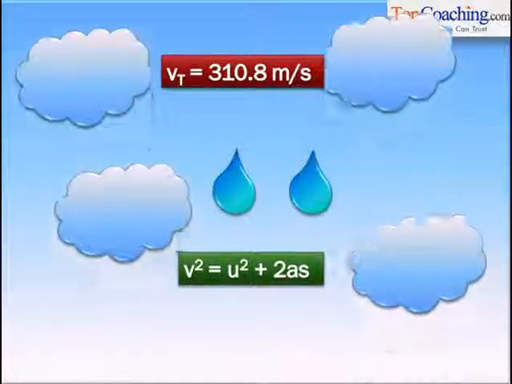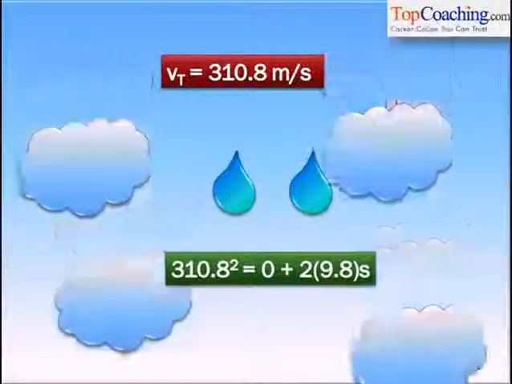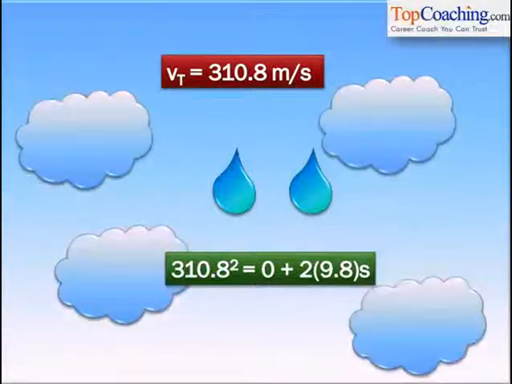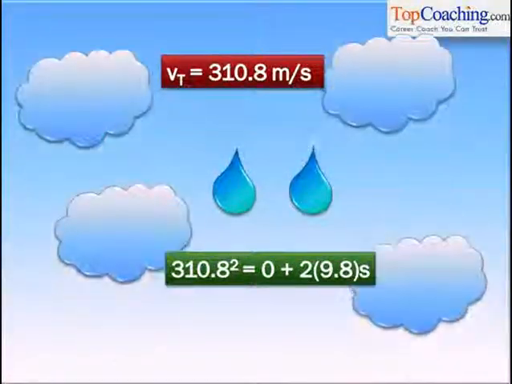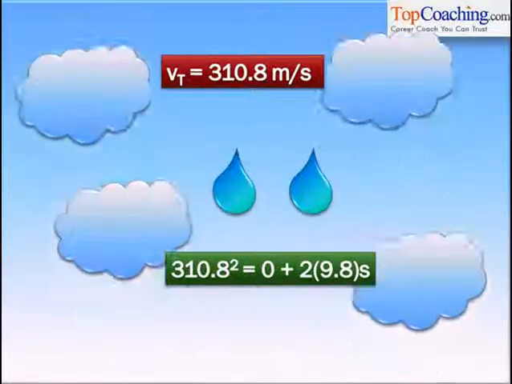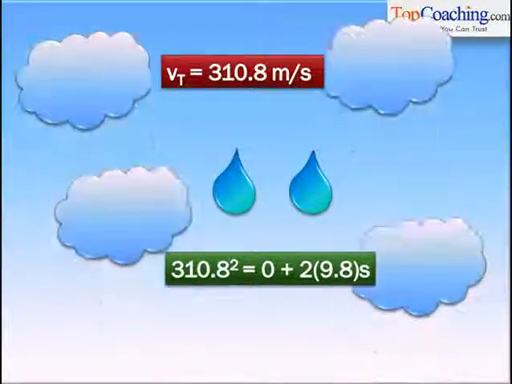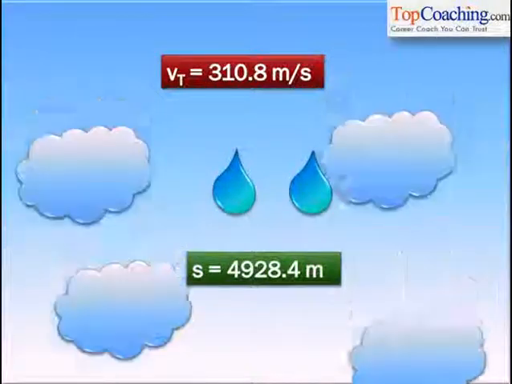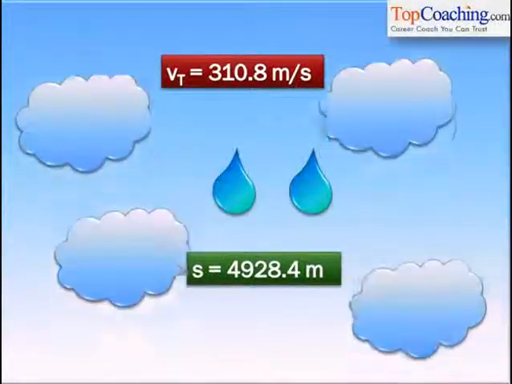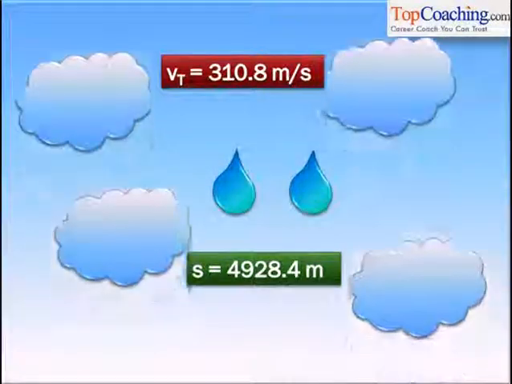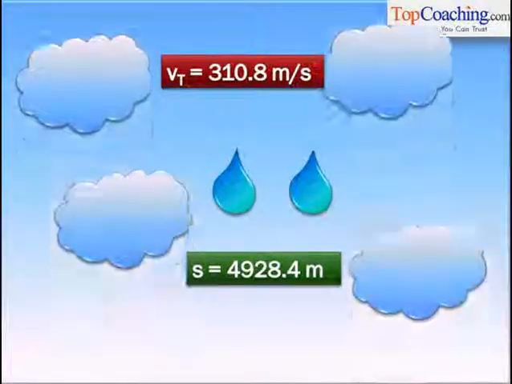Initially, the raindrop is at rest, and the acceleration of the raindrop is 9.8 meter per second square. Putting the final velocity of the raindrop as 310.8 meter per second, we get the value of distance as 4928.4 meters. So basically, this is the distance traveled by the raindrops before the raindrops attain terminal velocity.